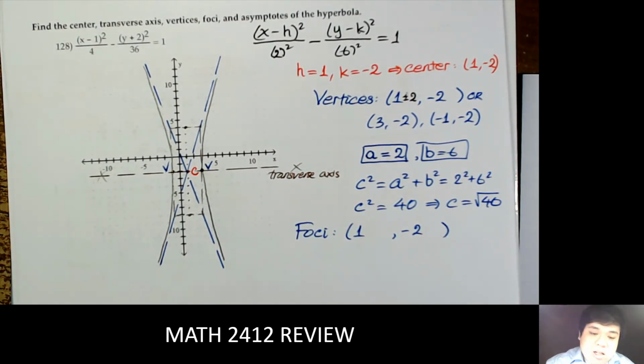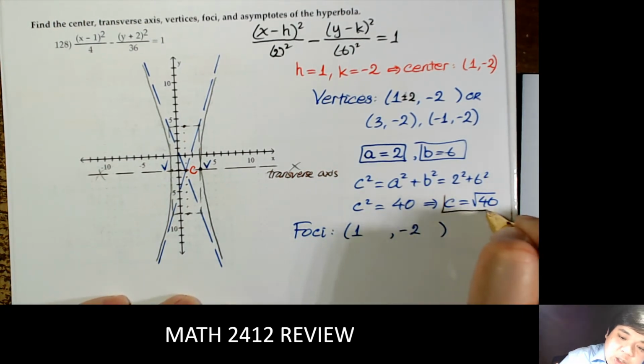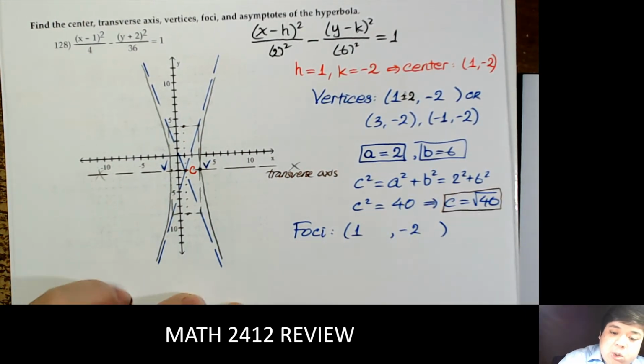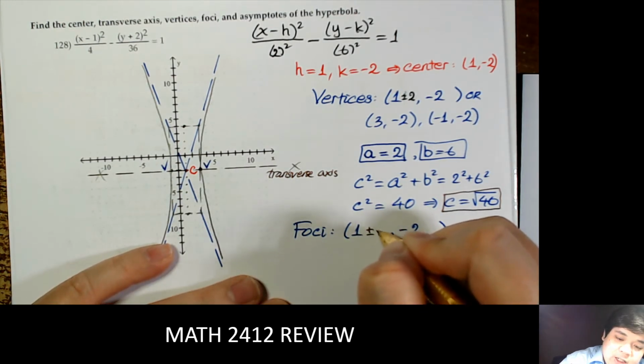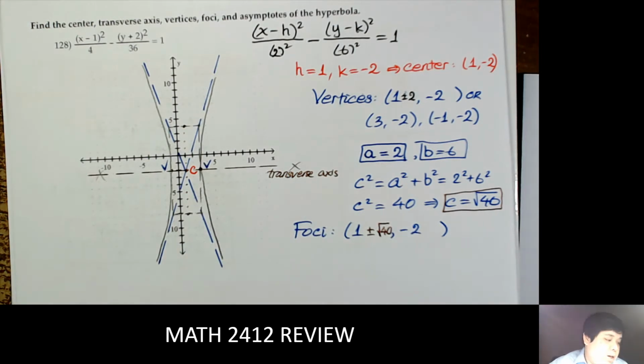Now, since we go left and right square root of 40, to get the foci, we're going to add or subtract it. That's what we have.